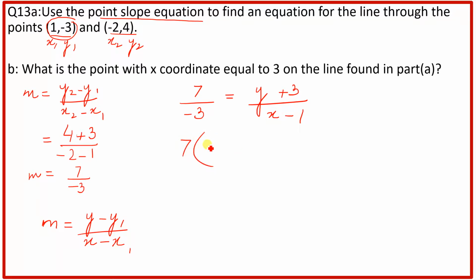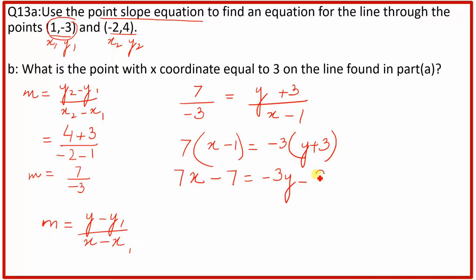Now we will do the cross multiplication, and it will be 7x minus 7, which is equal to -3y minus 9.